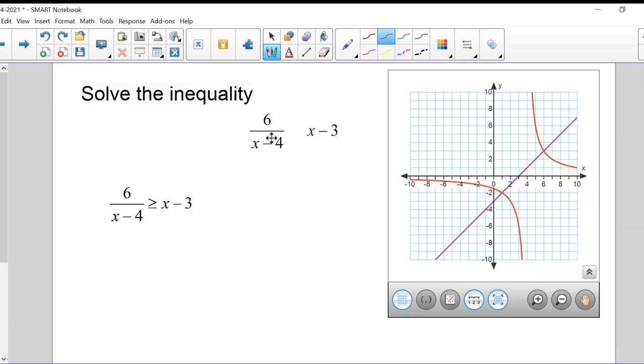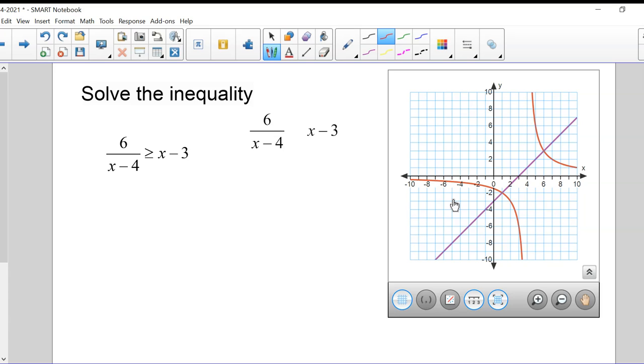I want you to look at this diagram and see if from the diagram you can tell where the part I'm circling, which is the 6 over x minus 4, that's the rational function, the red line, is bigger than the purple line. So to answer the question, you try to figure out where one is above the other. Where is this above the other?